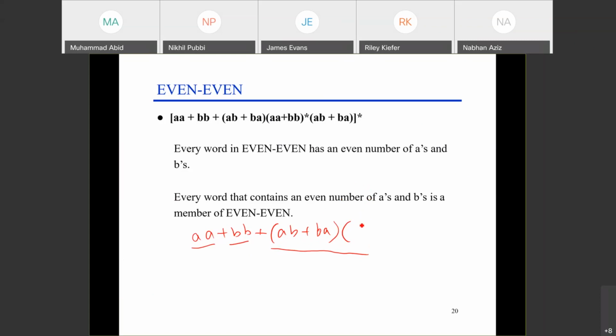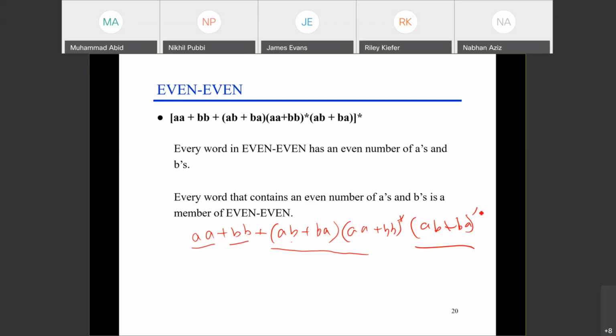So now we are saying A or B. So just add that with as many A's, as many B's, and after that again AB and BA, because if you see this, now we have one A, one B, now second A, second B, or any combination of this and this makes this thing even.